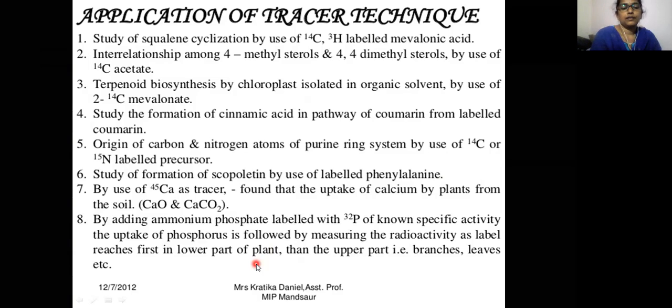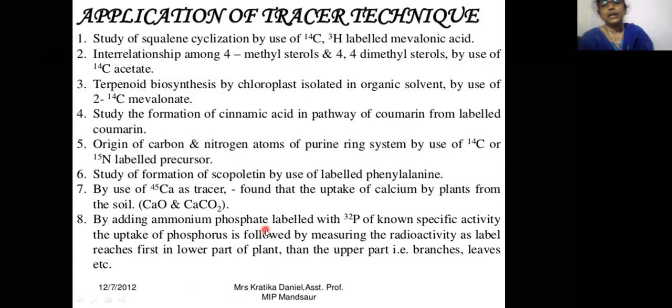We are also estimating whether the lower part of the plant takes up the phosphorus first or the upper part. They found that the lower part of the plant absorbs the phosphorus, and then the upper part, that is branches and leaves, take the phosphorus.